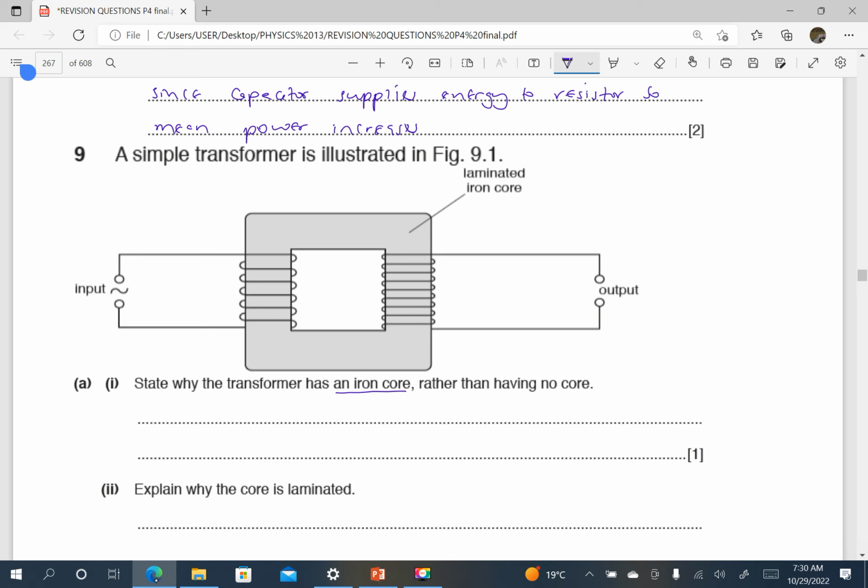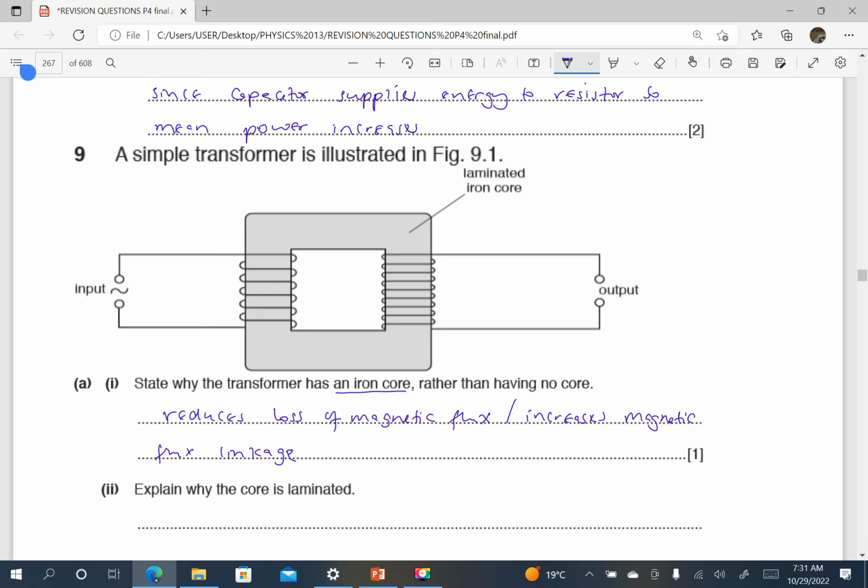We have seen the purpose of the iron core. It reduces loss of magnetic flux, or you can say it increases magnetic flux linkage.